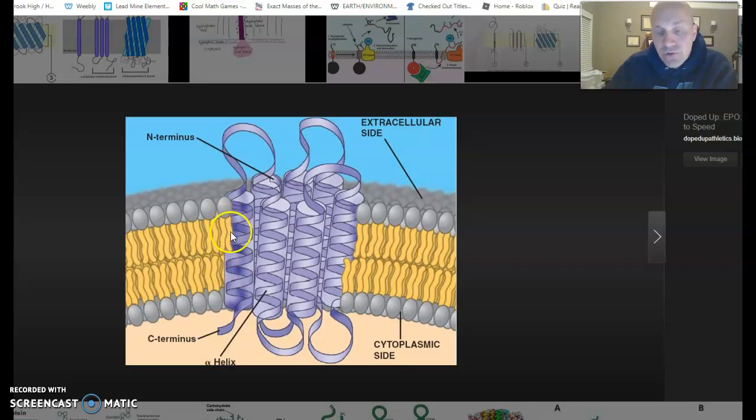So in this region, if you had to make a prediction, what type of amino acid side chains would make sense to exist in this portion of the molecule?